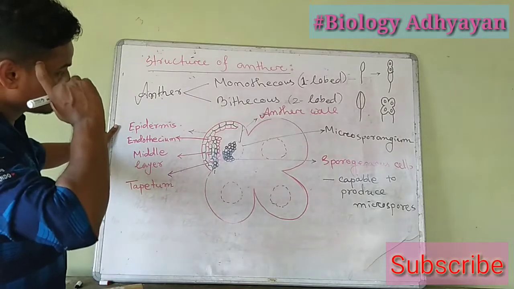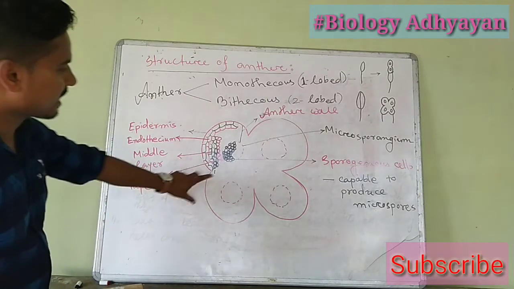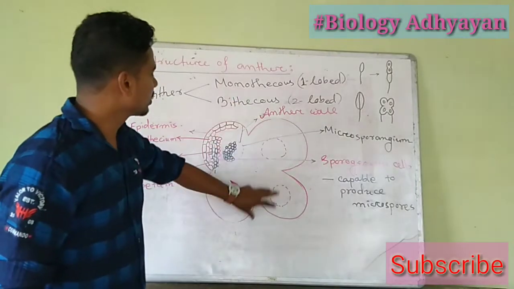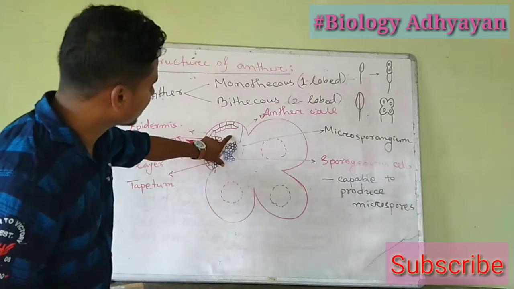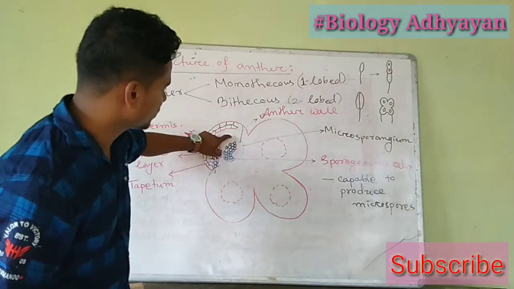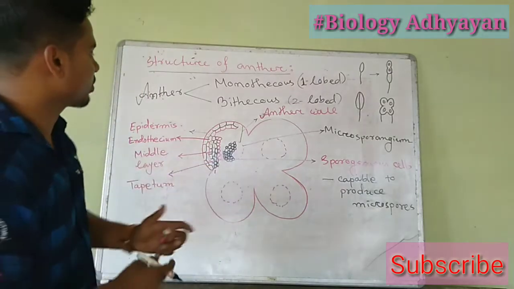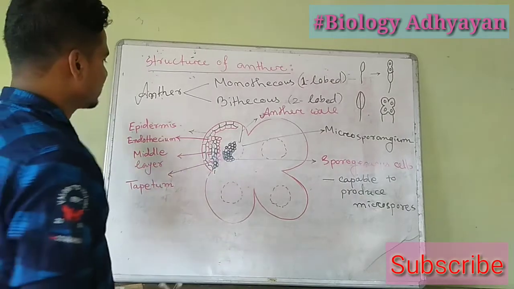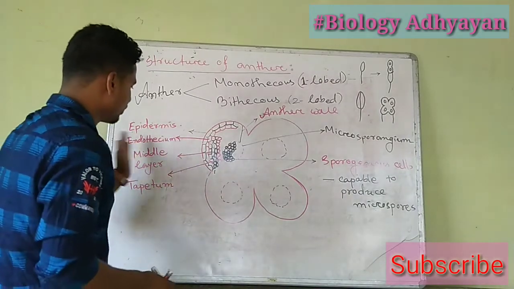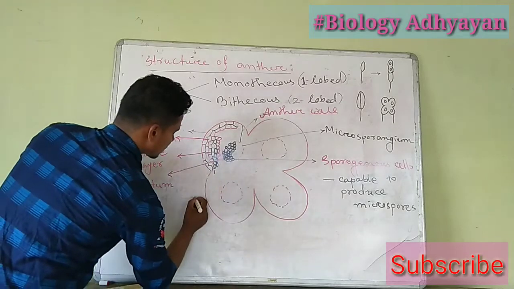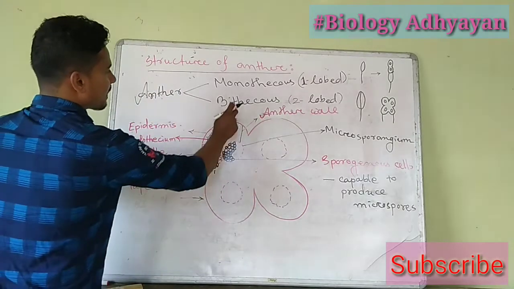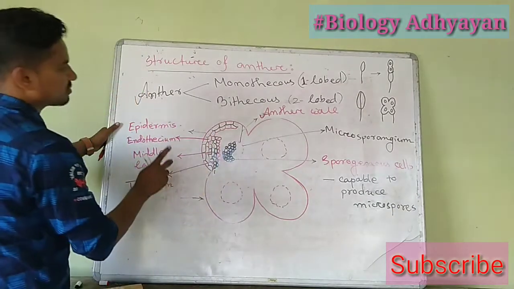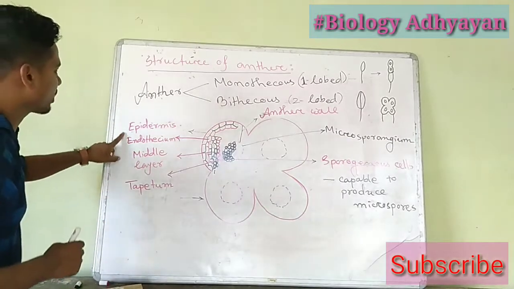Till now we have come to know that if you take a TS section of an anther, it will look like this, inside which you will get four microsporangia, 1, 2, 3, 4. If you move from outside to inside, you will get the anther wall, composed of four different layers.